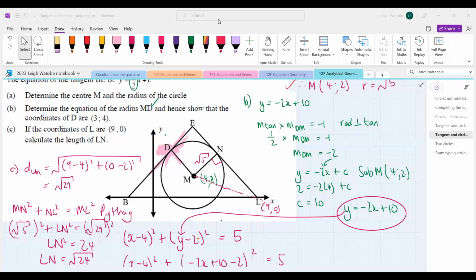It doesn't always have to be 1. As long as the coefficient of x squared and y squared is the same, you're always going to be dealing with a circle. If the coefficient of the x squared term and the y squared term are different, then your circle becomes oval in shape. But that's beyond our scope of CAPS, so you don't have to worry about that. But no, it's not going to be negative.